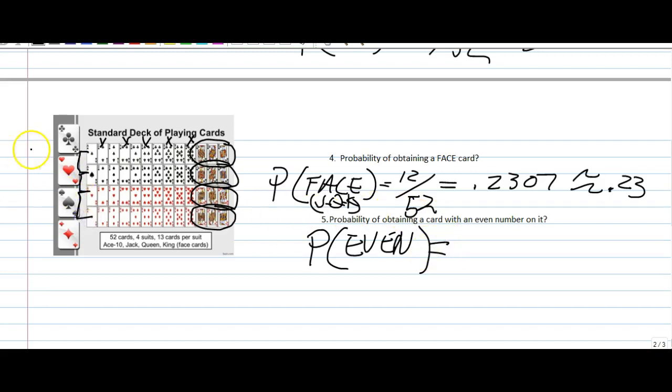So if I get any one of these even numbers, 2 of clubs, 4 of hearts, 6 of spades, 8 of diamonds, etc., then what I want to happen has happened. So that's 5 even numbers in each suit. There are 4 suits. So my chances for success are 5 times 4, which is 20, out of a total number of outcomes of 52. And if I convert that to a decimal, that's approximately equal to 0.3846.